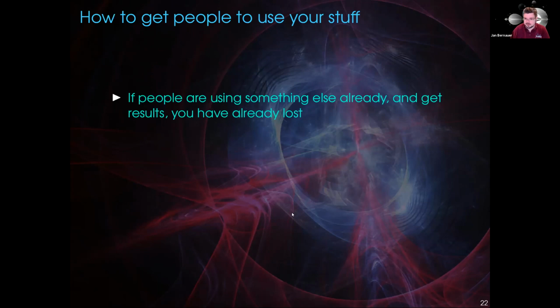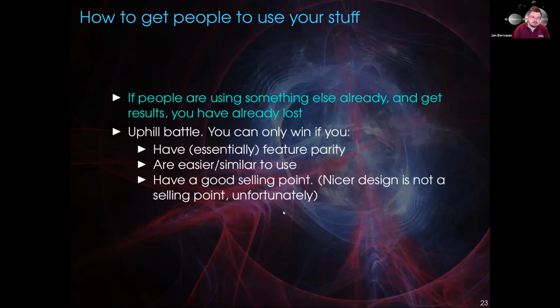They want the physics out. So it's really an uphill battle. And you can only win if you have essentially feature parity with what the people are using. Right? If there is something halfway crucial missing, people have a reason to not use it and they will not use it. Yeah? It must be as easy or at least similar to use how the old code is.